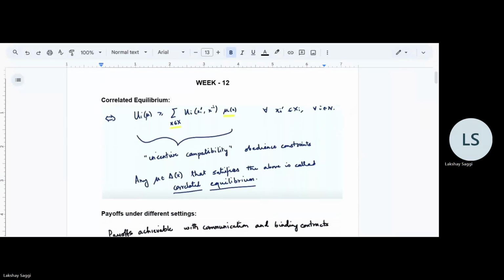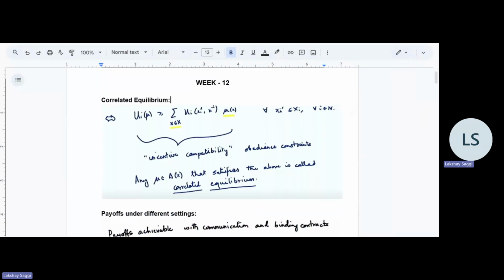Last week we discussed problems where one can impose binding contracts on the players. So if a person can impose contracts which are binding on the players, and if the players don't choose to sign those contracts, then they must do something, or if they sign the contract they must do something else.